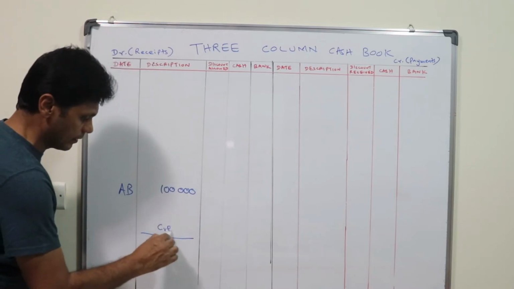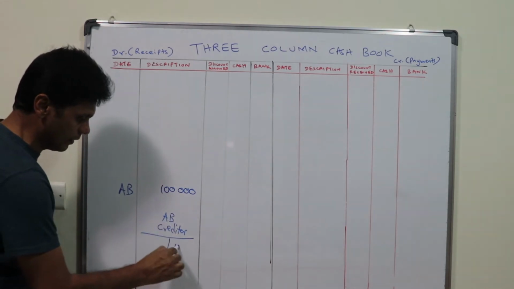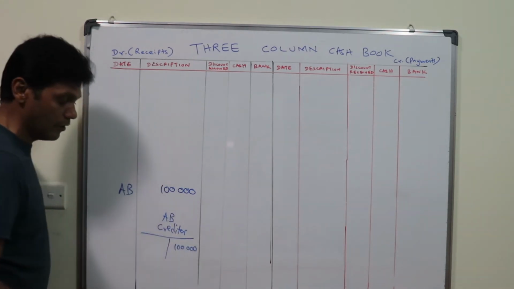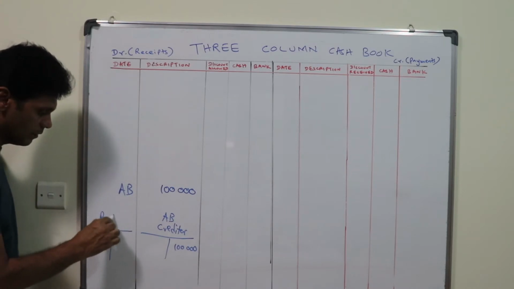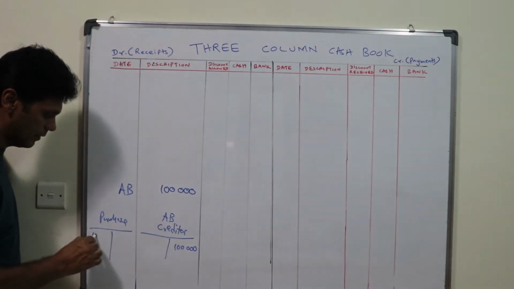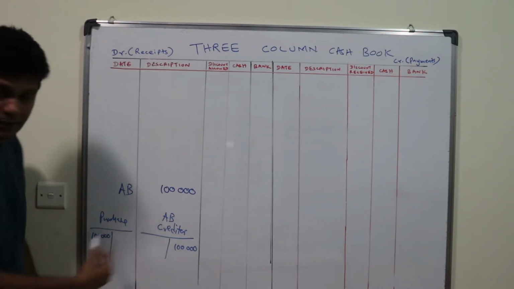Who is the creditor? AB. So you will credit 100,000. Where will you debit? You will debit your purchases account 100,000. So this is a double entry.